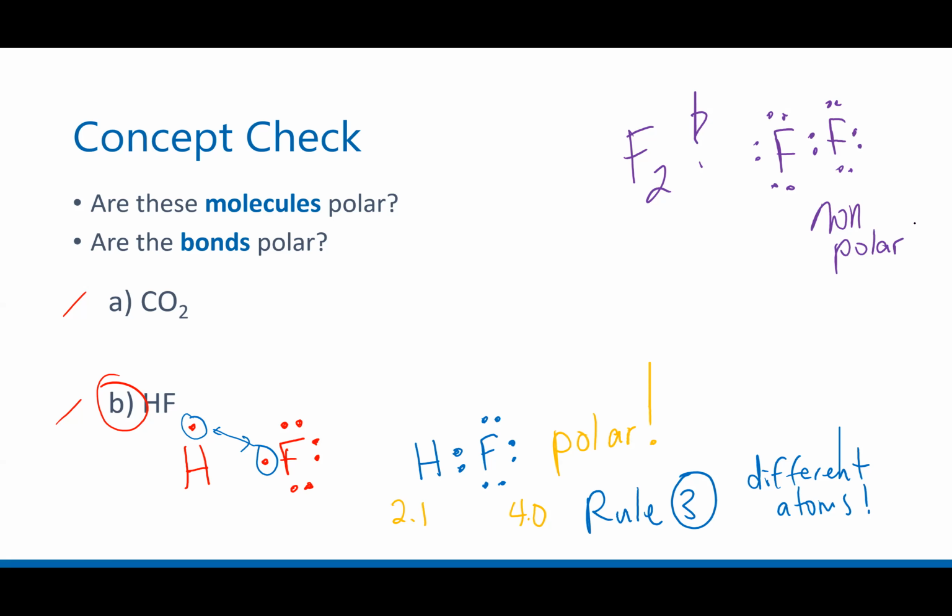Again, the whole idea here is, are the electrons shared differently? And the answer is no, in the top one. In the top one, we have fluorine and fluorine, the exact same element, the same electronegativities. This would not be a polar bond. We need to have a difference in electronegativities.